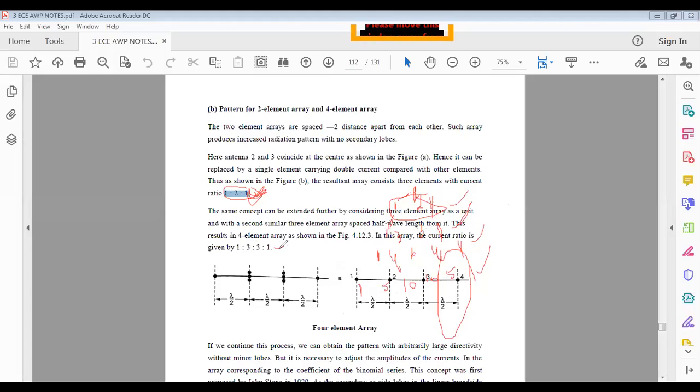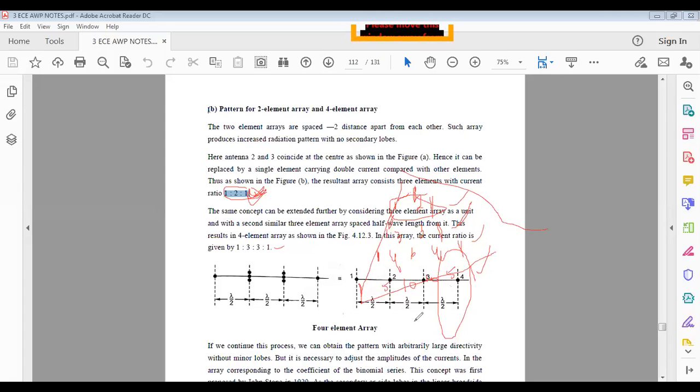Okay, how I get that 1 3 3 1 is from that expansion. This is called the triangular method. By using this triangular method we are able to get any amplitude, and however many antenna elements are used, it is easy to get the excitation amplitudes.